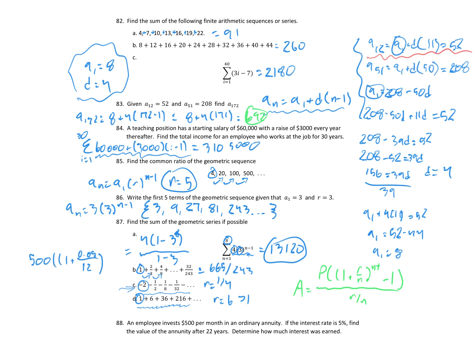So to the nt power, so n is 12, like we just said. t, how many years are we investing? Well, 22 years, lots of time.